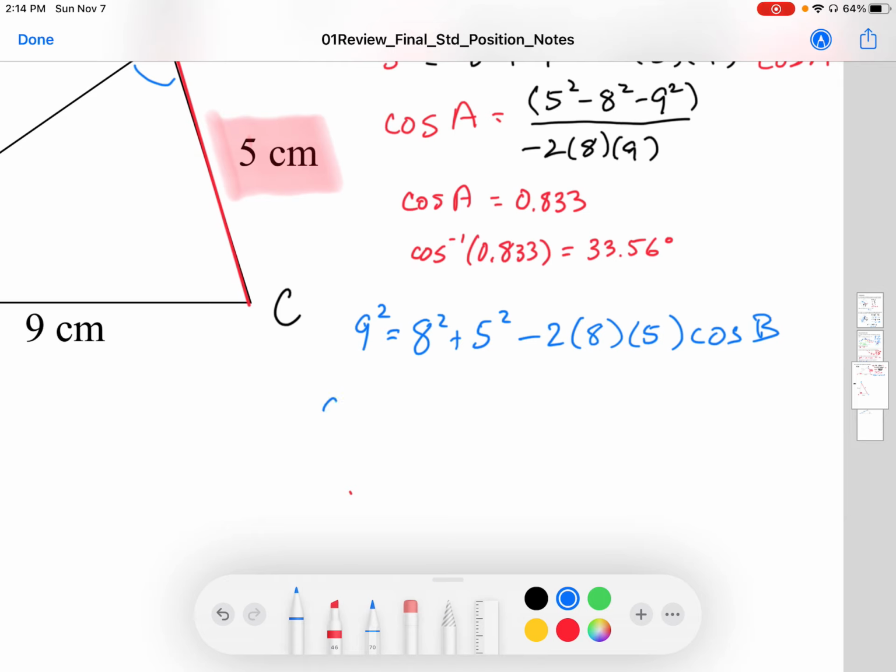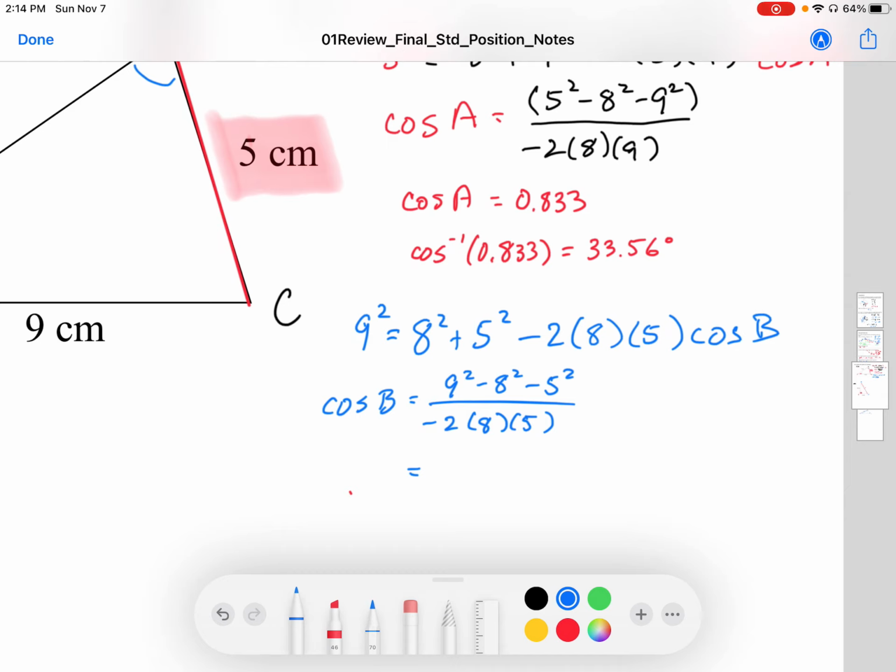I'm going to then solve for the cosine B. Cosine B is going to be 9 squared minus 8 squared minus 5 squared, all divided by negative 2 times 8 times 5.